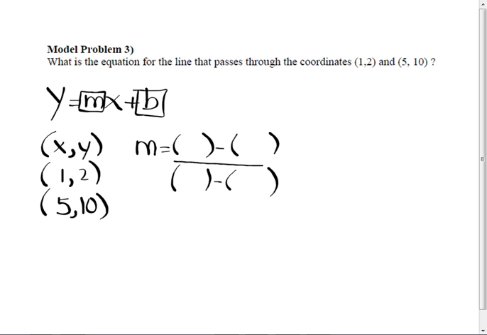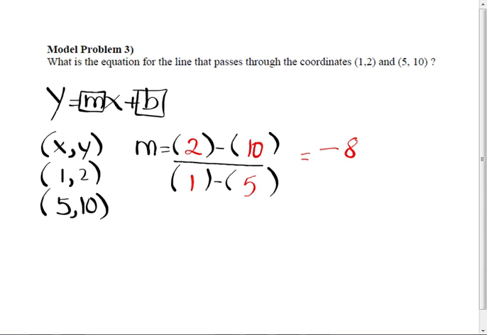Okay, you want to put the 2 in first? I'd rather do the 10, because I don't have to do negatives, but okay. 2 minus 10, then what goes next? Who's partnered with 2? Keaton? Who goes with 2? 1. Perfect. 1 minus 5. What's 2 take away 10, Ryan? Corey? What's 2 take away 10?